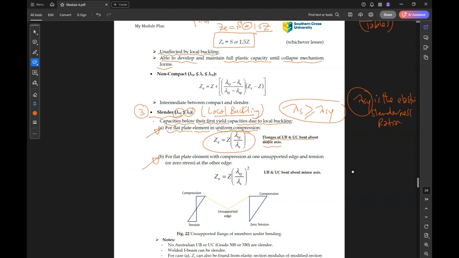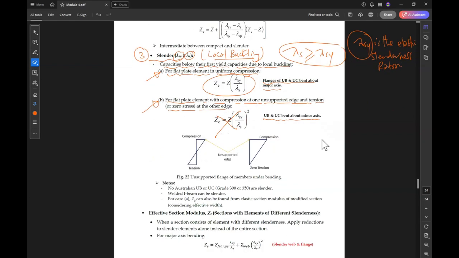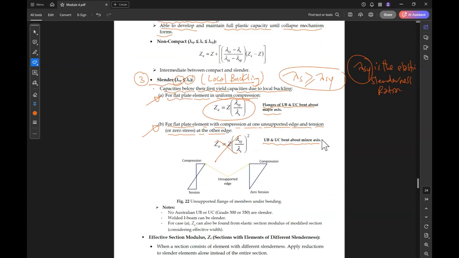The other case is for a plate element with compression at one unsupported edge and tension or zero stress at the other edge, for UB bent about their minor axis. We are not dealing with minor axis in this course, so we can ignore this one.